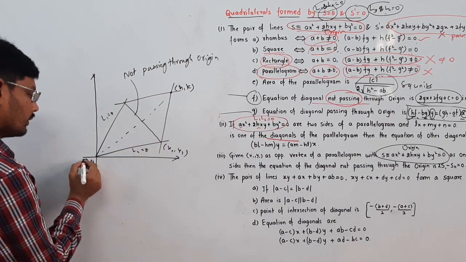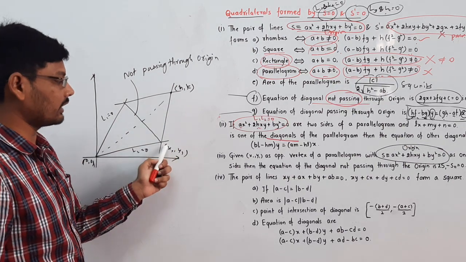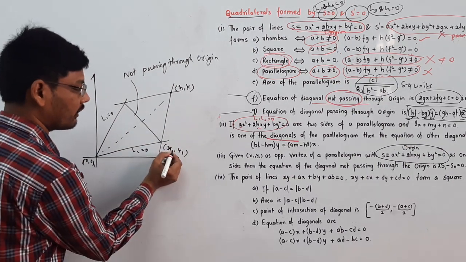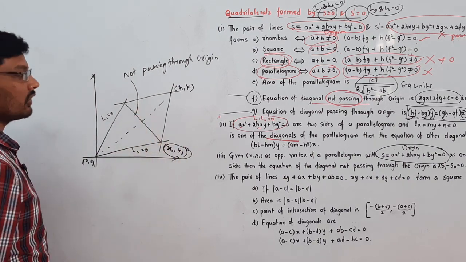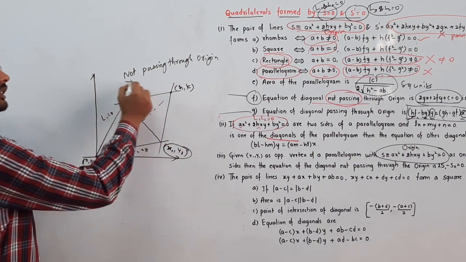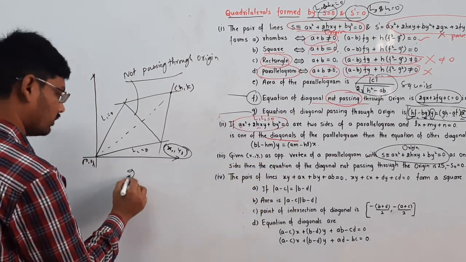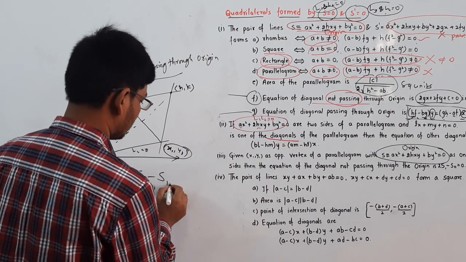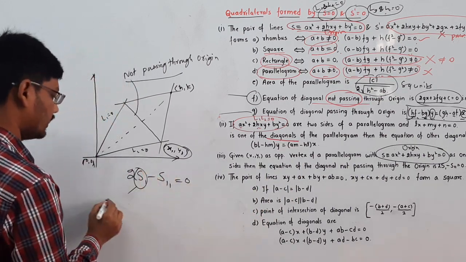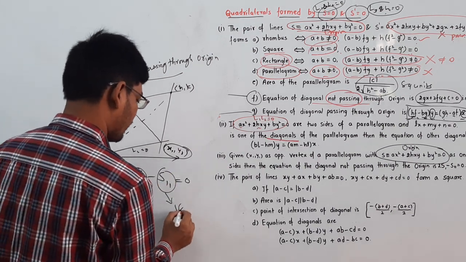But if the pair of straight lines are passing through the origin and the point of intersection is given, and the one end of the point, when the point of intersection of a parallelogram is given, then if you want to find the diagonal which is not passing through the origin, then the condition for that is 2S1 minus S11 is equal to 0, where S1 is the equation and S11 is the value.